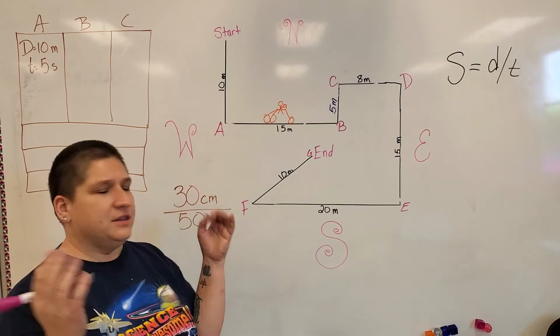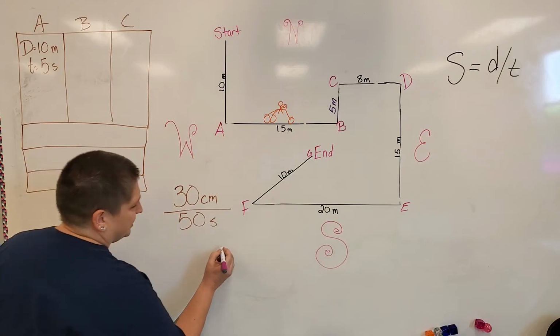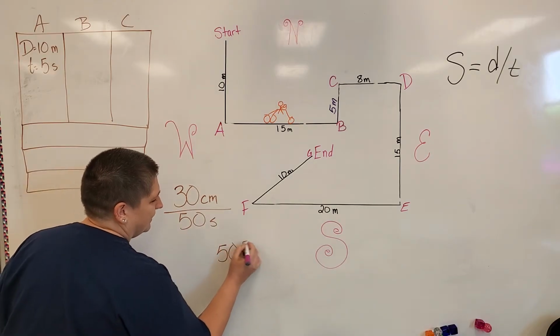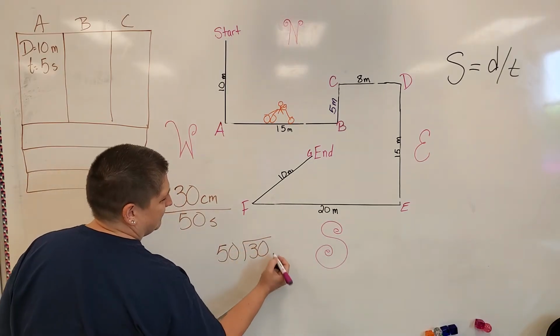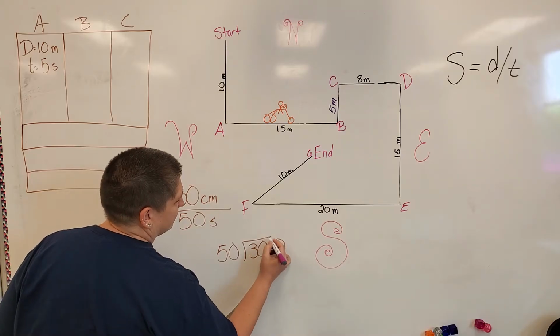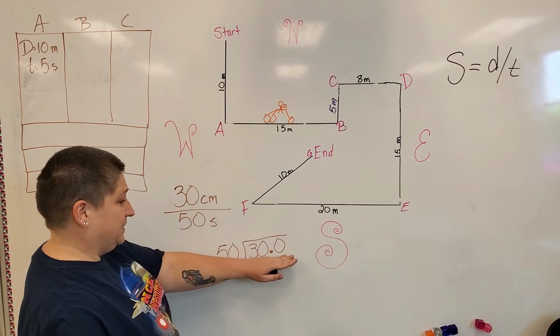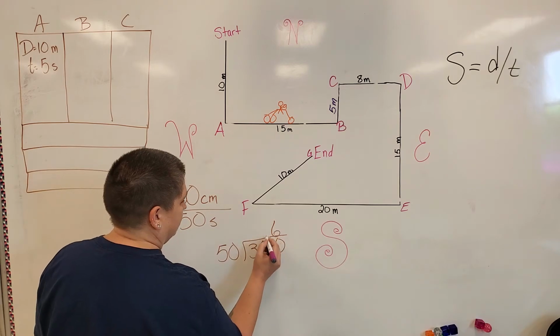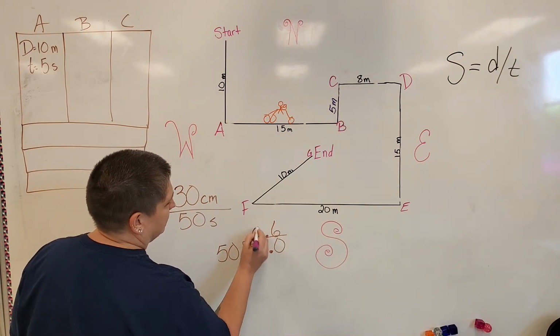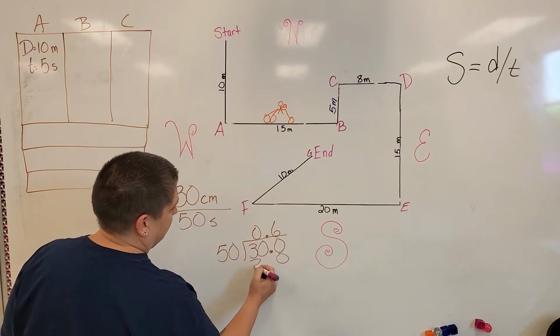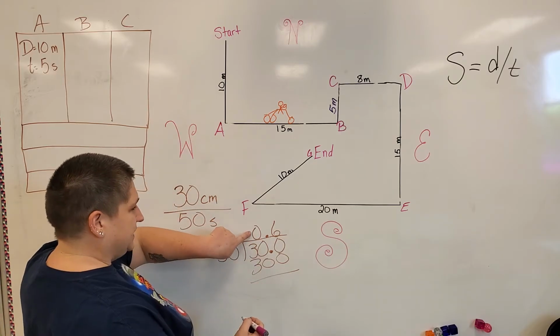Okay? Well, how many times does 50 go into 30? Wait a minute, I don't know how to do that. So you're going to actually take your 50 into 30. We're going to put our decimal point, 0. How many times does 50 go into 300? 6 times. So 0.6. So what's my speed here?